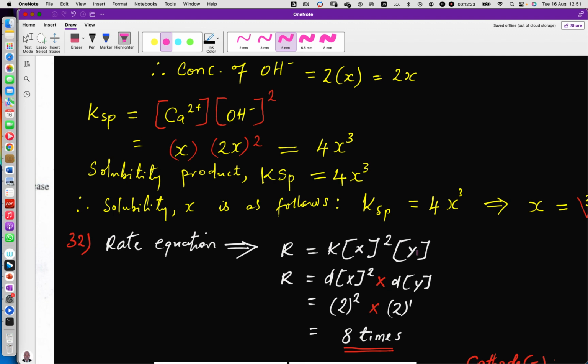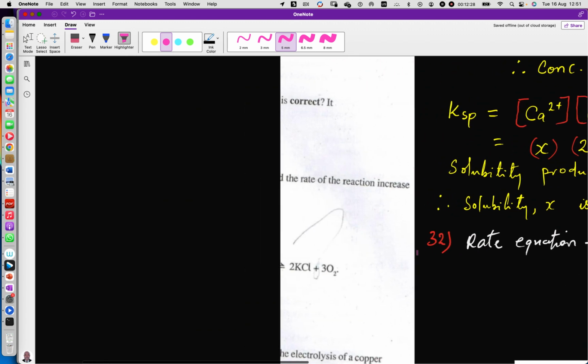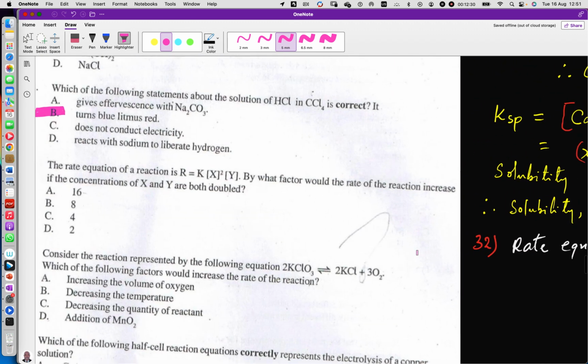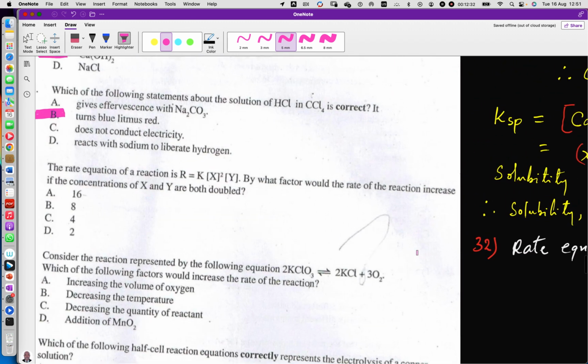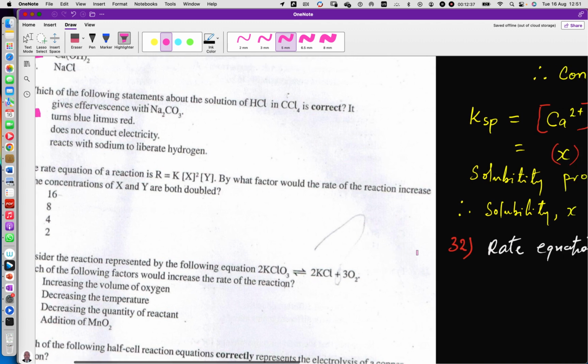Now they are telling us by what factor the rate of reaction would increase if the concentrations of X and Y are doubled.